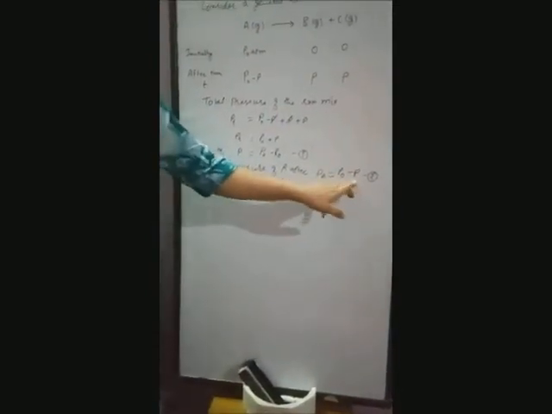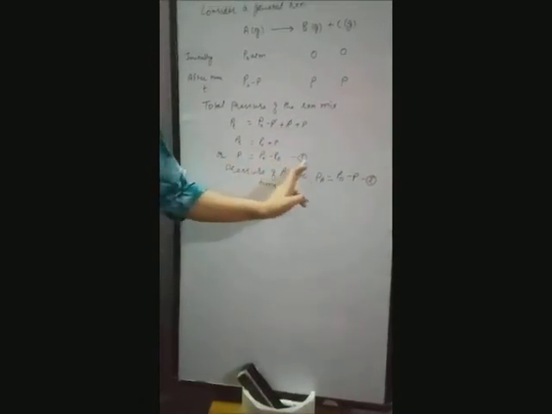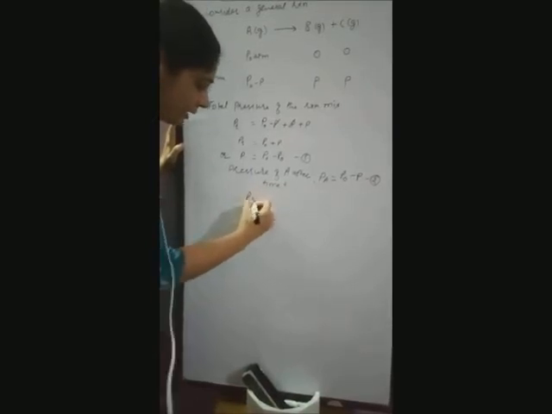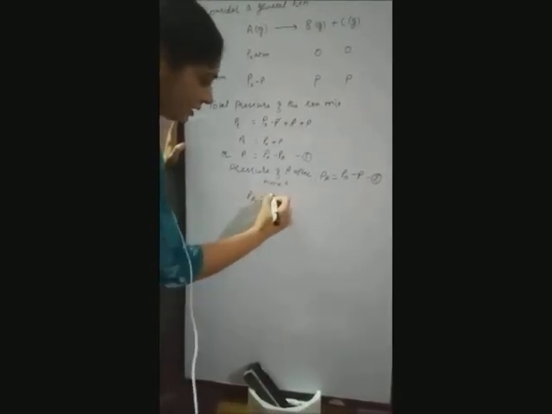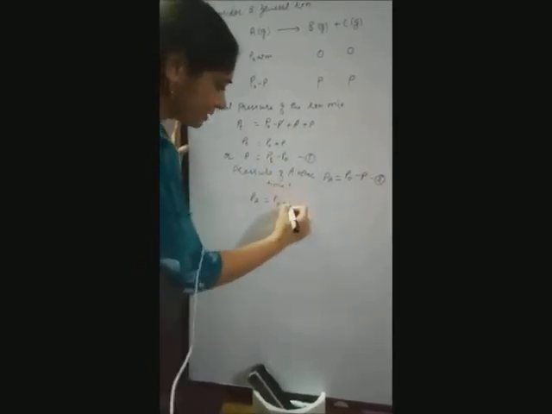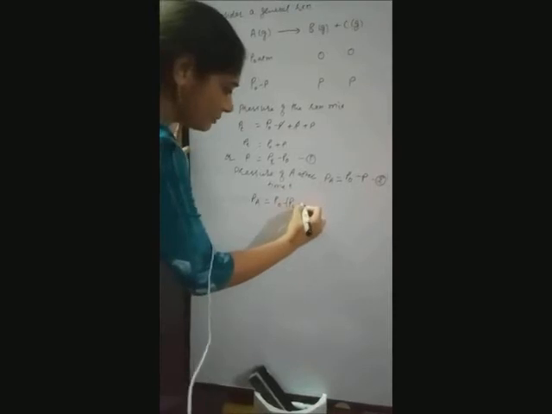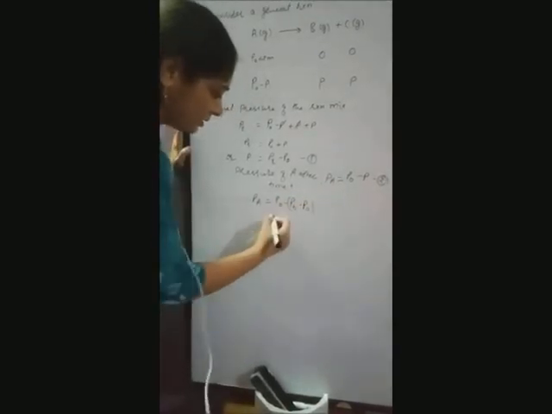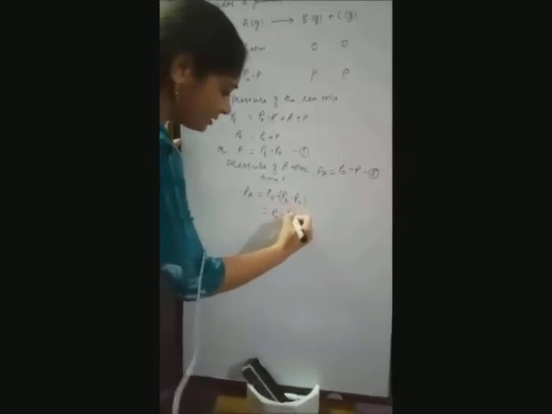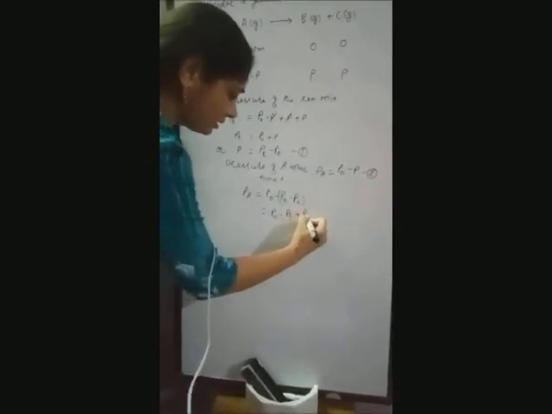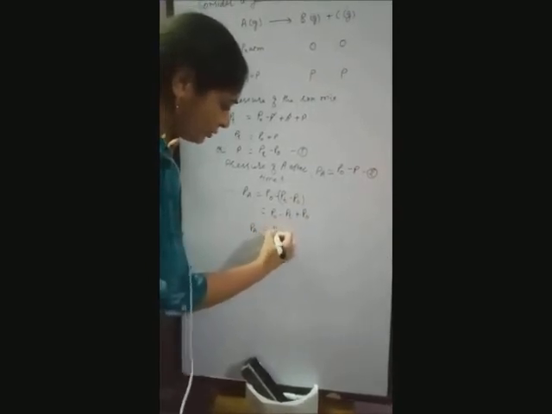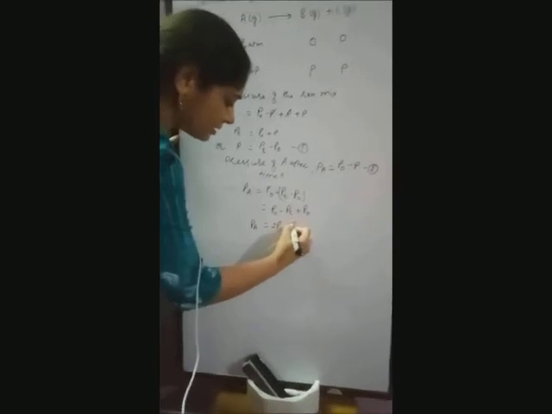Putting the value of P from equation 1 to equation 2, we get PA is equal to P naught minus (Pt minus P naught), which is equal to P naught minus Pt plus P naught, or PA is equal to 2P naught minus Pt.